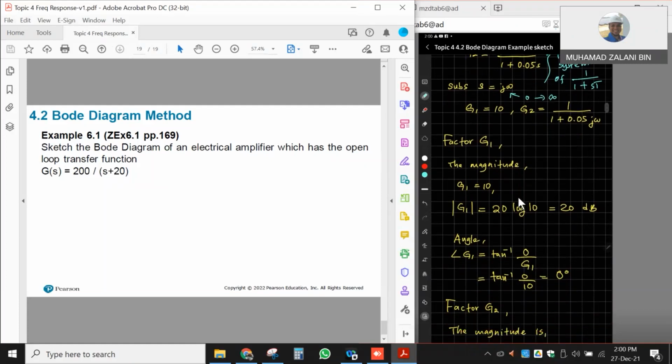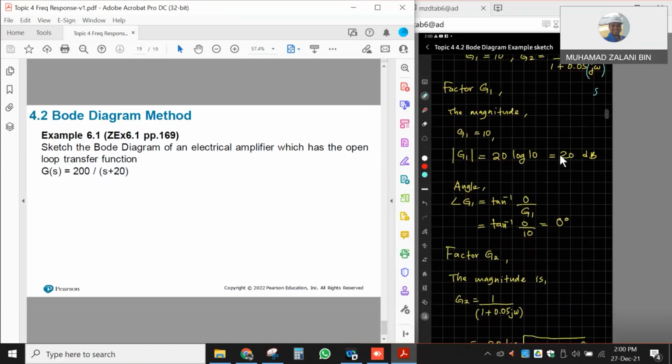For the constant there is no substitution, but for this one we substitute s equals j omega. So 1 over 1 plus 0.05 j omega for G2.